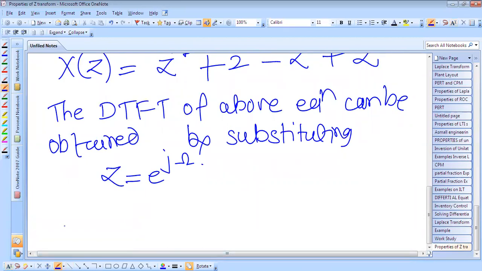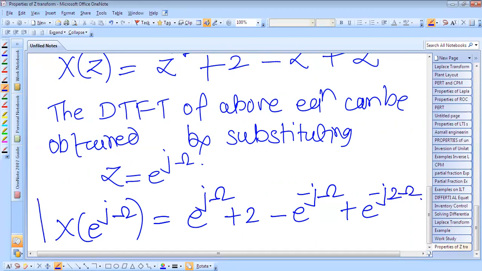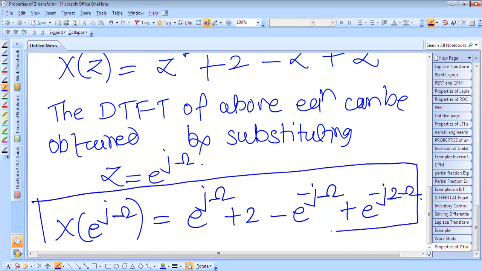Therefore, X of e raised to power j omega is equal to e raised to power j omega plus 2 minus e raised to power minus j omega plus e raised to power minus j 2 omega. So this is the discrete time Fourier transform of the given function.